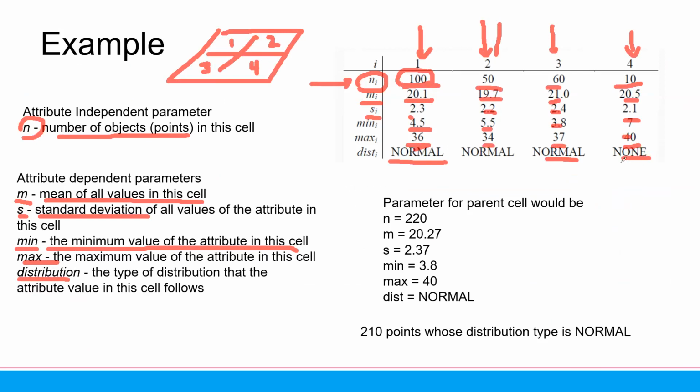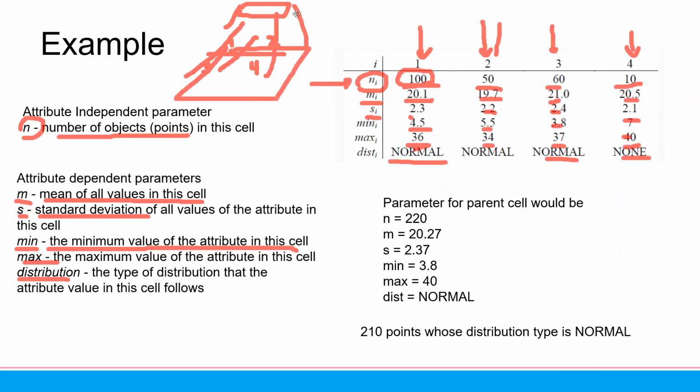Now, if I want to look at the higher level, so I want to make the higher level from these cells, it means I need to aggregate all the data. So now the data becomes 220. Why 220? 100 plus 50 plus 60 plus 10.